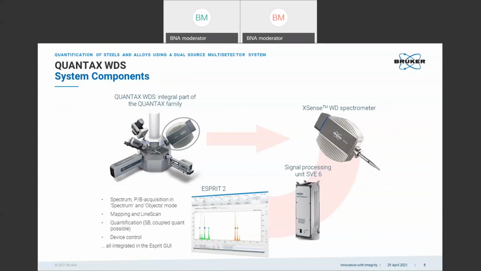The XSense spectrometer is a so-called parallel beam spectrometer with a grazing incidence optic, and the QUANTAX WDS is fully integrated into the software package. So this webinar will now introduce further information about the WDS and its quantification benefits. So now I will hand over to my colleague, Michael, and he will continue from here.